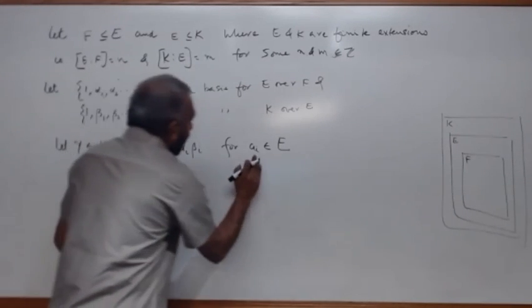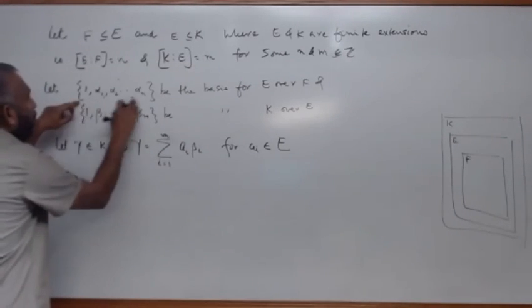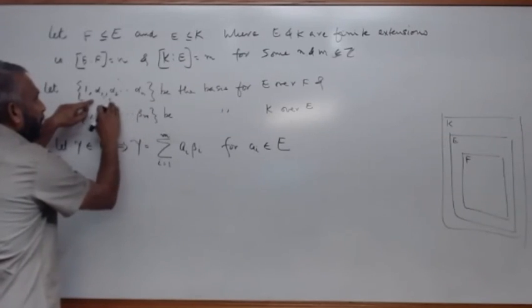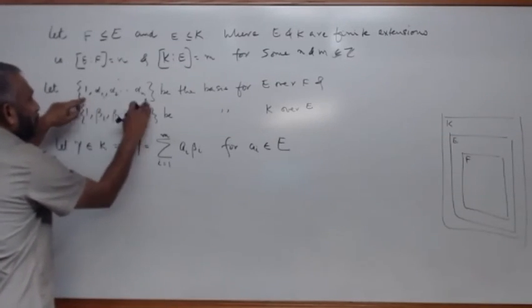For each a_i, we can again express it as a linear combination of this.